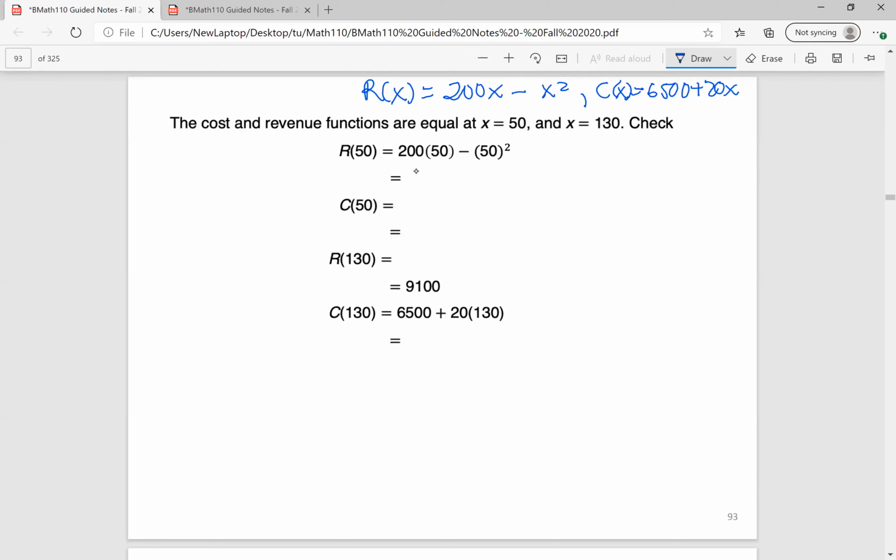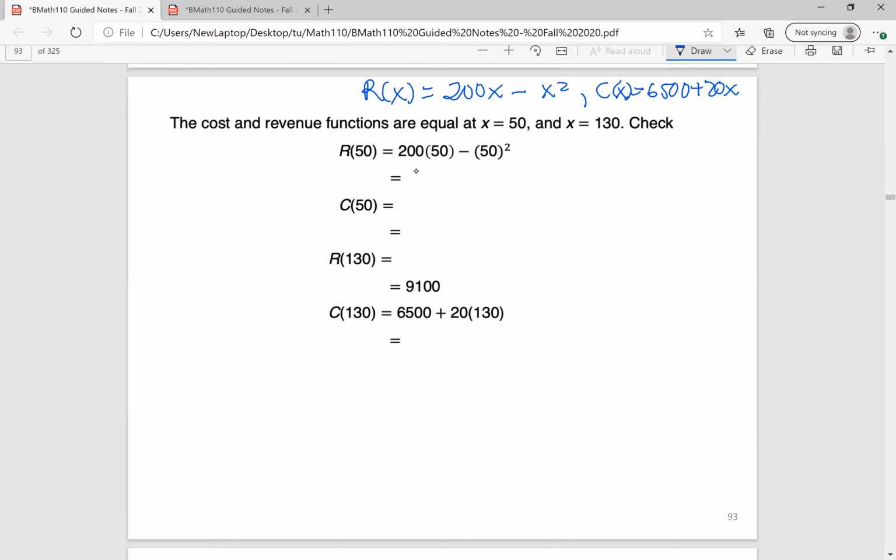So use a calculator. You will have 200 times 50 minus 2,500. You're going to have $7,500. And use another one.